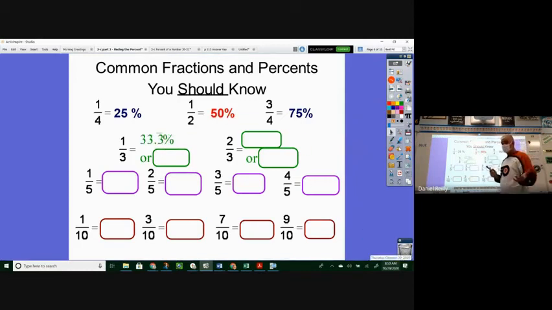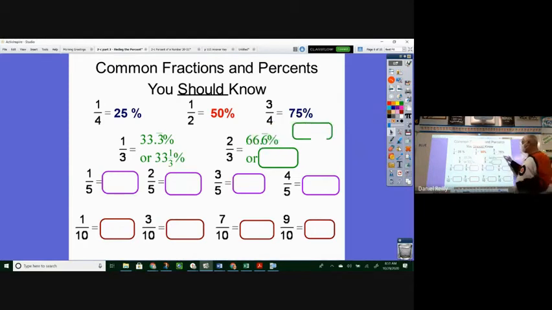If you did it in your calculator, 1 divided by 3, that's what you get. Or 33 and 1/3%. Usually you round it off though. 2/3, 67%. 66.6 repeating, which we round off to 67.